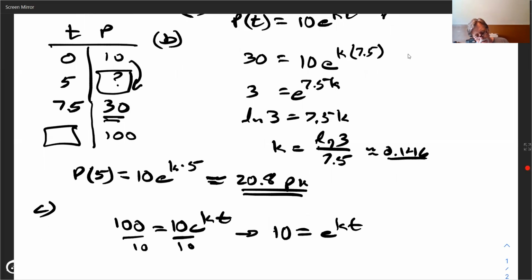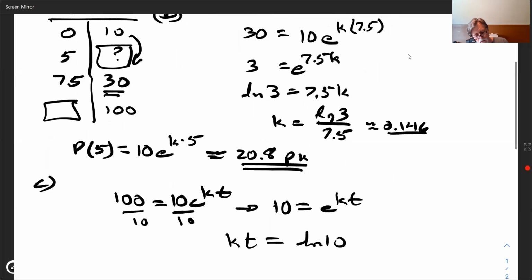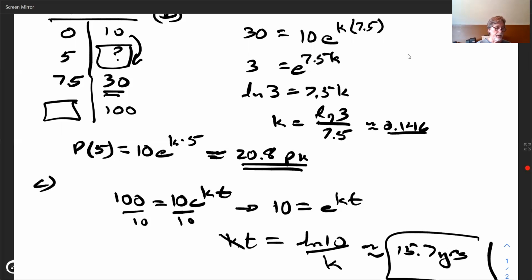So k times t is the natural log of 10. Now we just divide by k, still in my calculator, and what I got was roughly 15.7. So 15.7 would mean in the time column, years. So in a little over, almost 16 years from now, we can't live in the valley.